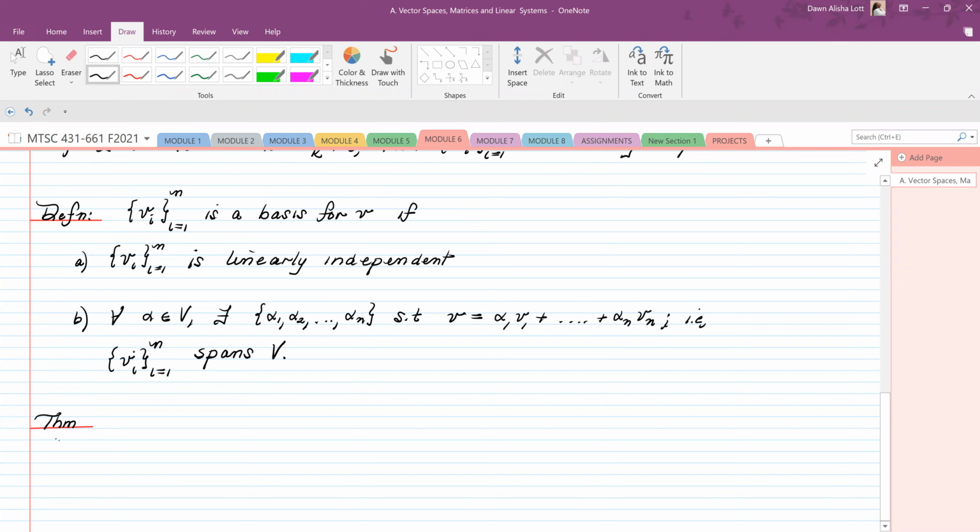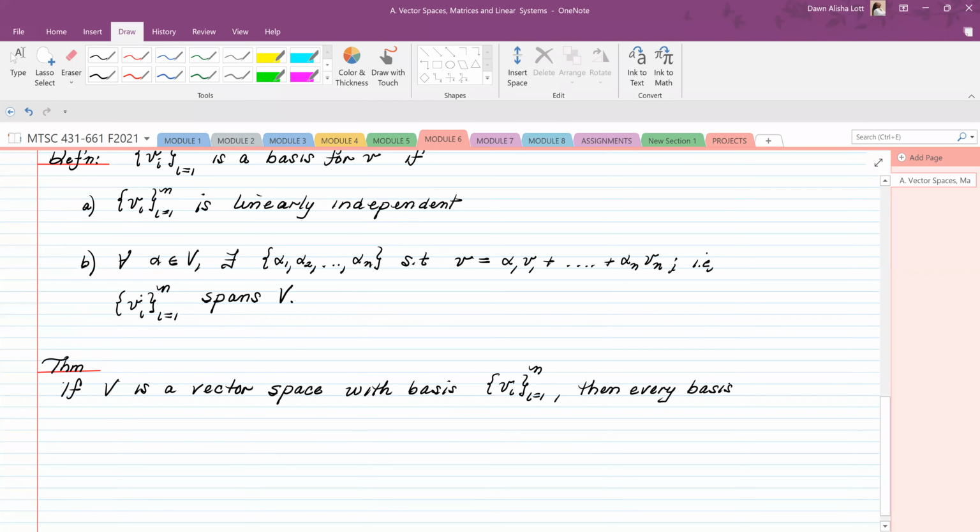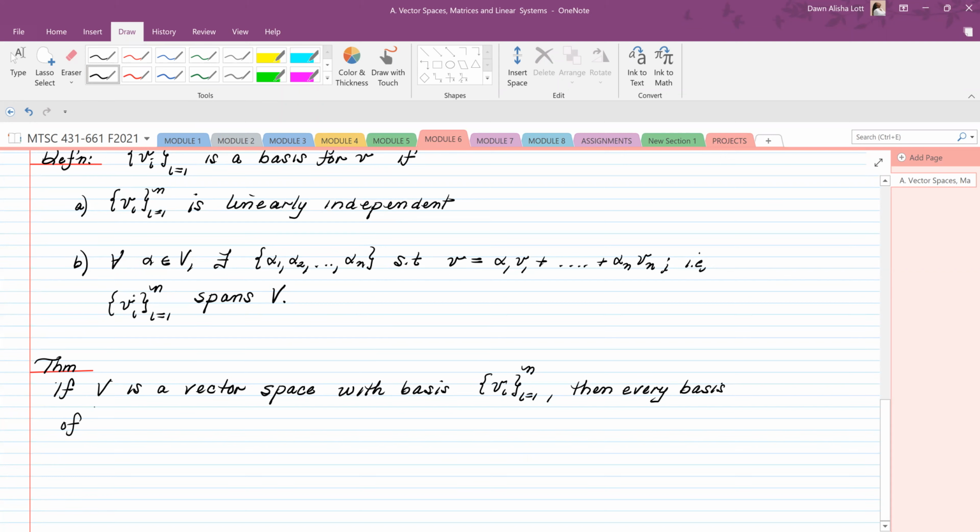If V is a vector space with basis Vi, i equal 1 to n, then every basis for V has n elements.